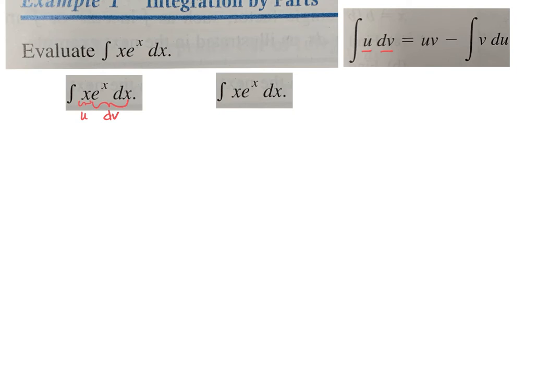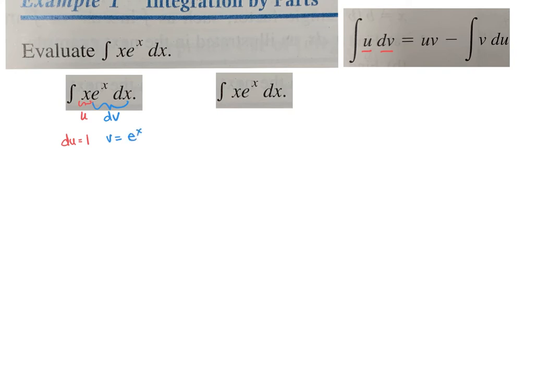If I do that, so if I say that I have the u as my x and my dv as my e to the x, then that would mean I also need v and I need du. So if I take the derivative of x, what is the derivative of x? 1. If I take the antiderivative of e to the x, what is the antiderivative of e to the x?